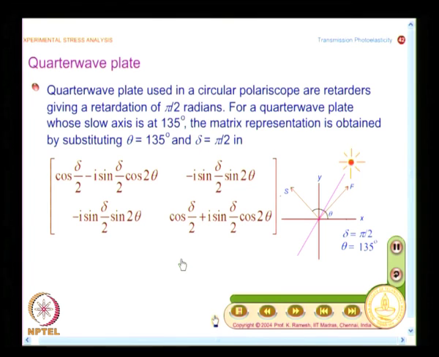And I want you to right now plug in the values of delta and theta and simplify, and it will definitely make your life simple when you want to analyze a circular polariscope. In fact, I would recommend all of you to try out trigonometric resolution for a circular polariscope, then analyze the same problem by Jones calculus, then you will find out how Jones calculus is very simple. Until then you will not find out, because you have to do matrix multiplication.